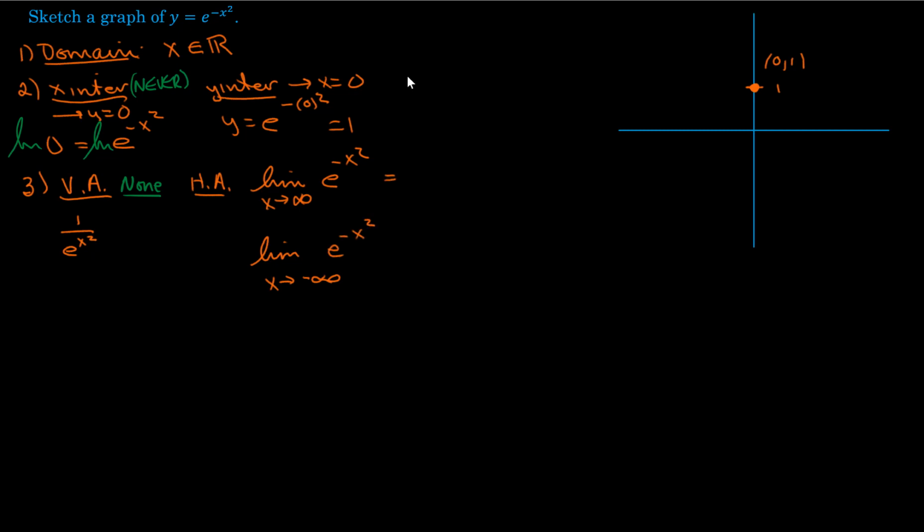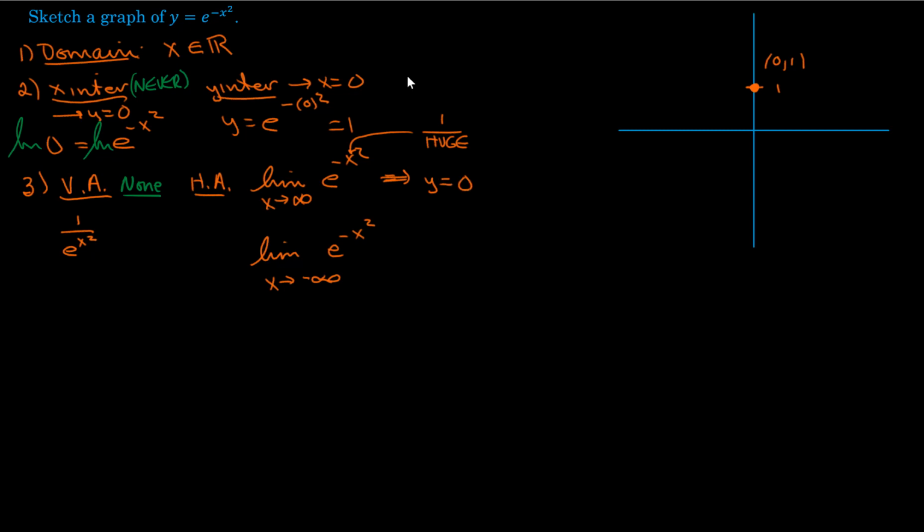Now, when we put really big numbers in here and square them, they're going to get huge. But because of the negative, we're going to wind up with 1 over some huge number, which means that as x goes to infinity, the y value goes to 0.